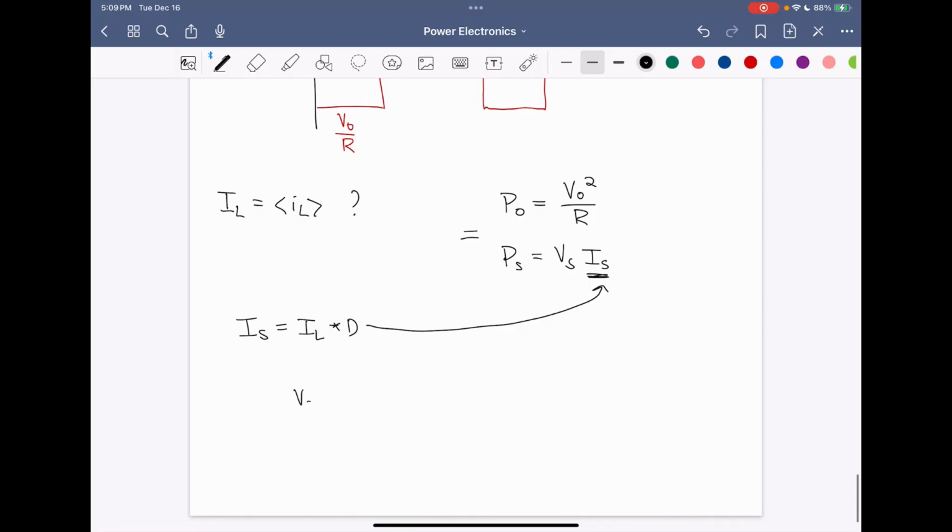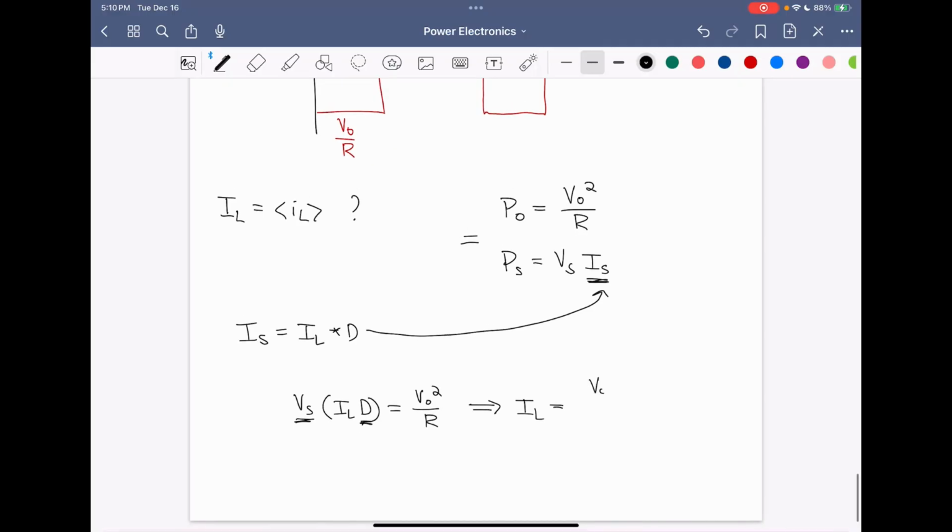So we get VS times IS, which is VS times IL times D. This equals the output power, VO squared over R. Now, if we divide both sides by VS times D, we can solve for the DC component of the inductor current. So big IL is equal to VO squared over VS D R.